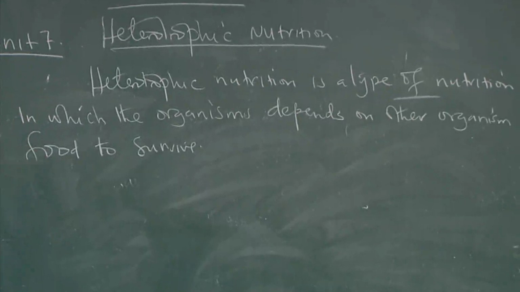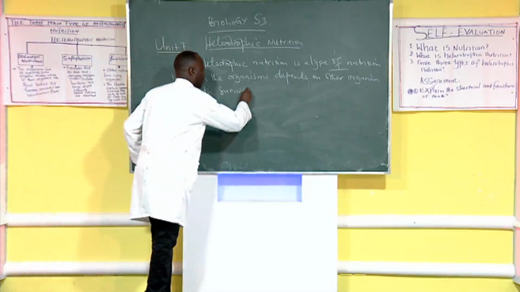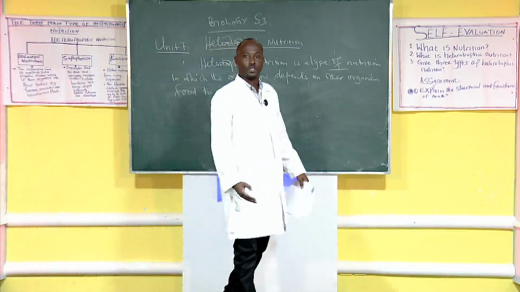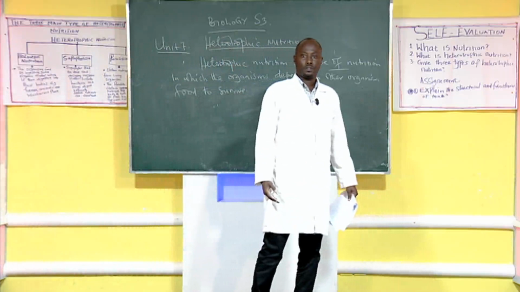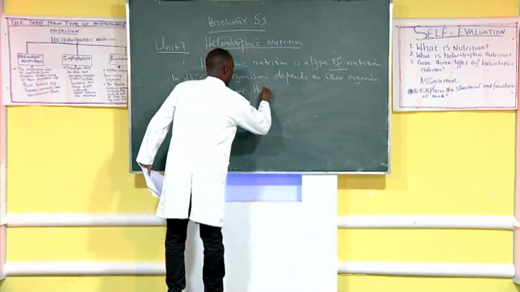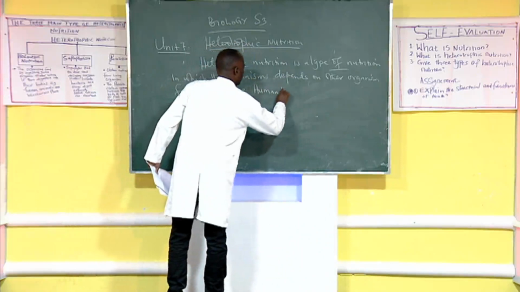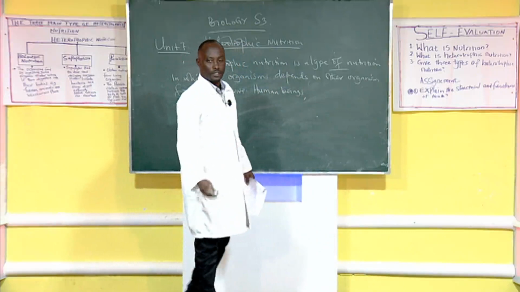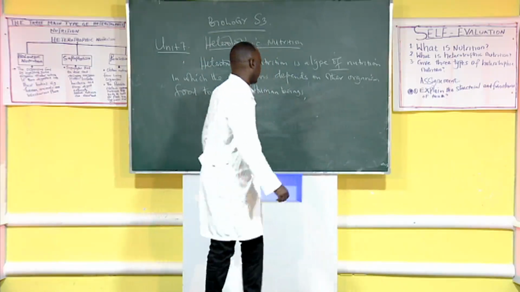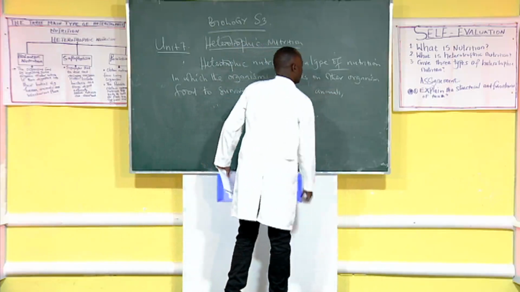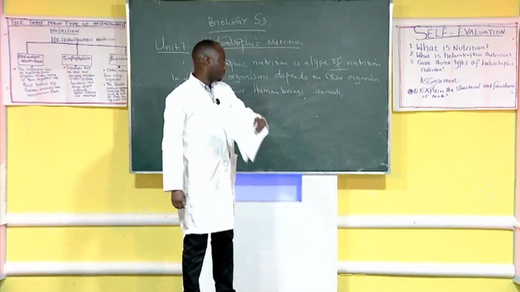Can we have examples of heterotrophs? Student, give me examples of heterotrophs. Good. There are humans, human beings. Yes, good. Animals. Yes, fungi.